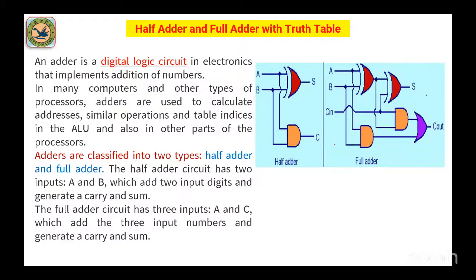In many computers and other types of processors, adders are used to calculate addresses, table indices, and arithmetical logical operation units. These are classified into two types: the half adder and the full adder. A half adder includes an XOR gate and an AND gate. The XOR gate gives the sum and the AND gate gives the carry.